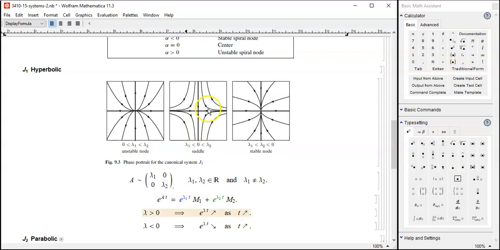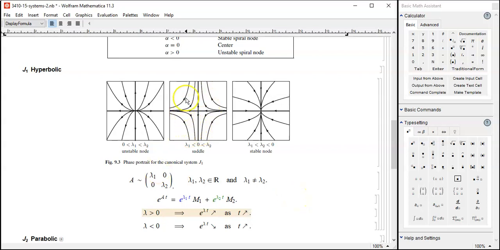That's basically what happens here. In the x direction, it decreases, moving toward the origin, but in the y direction, it's pushed away from the origin, like this. And these pictures are actually all hyperbolae, so this is called hyperbolic.